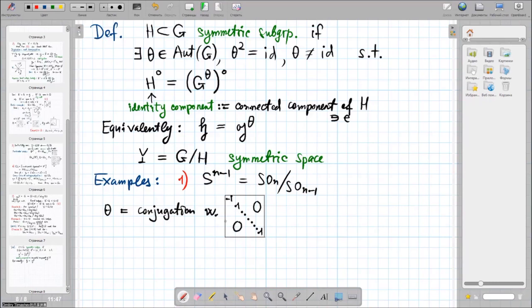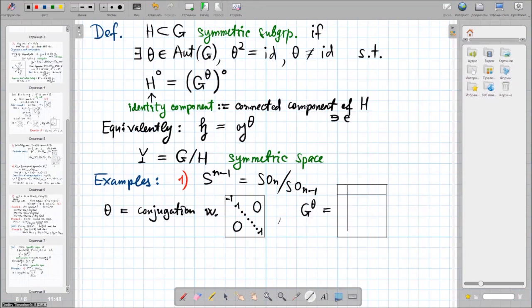Conjugation with this matrix gives you the fixed point subgroup, G theta, consisting of the matrices of the following form.